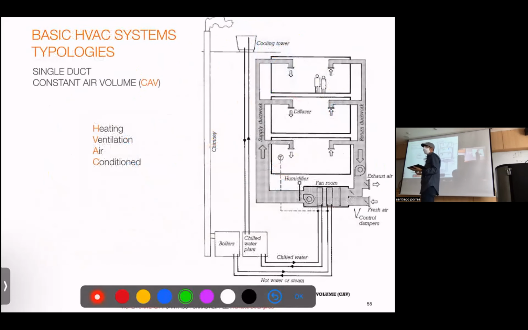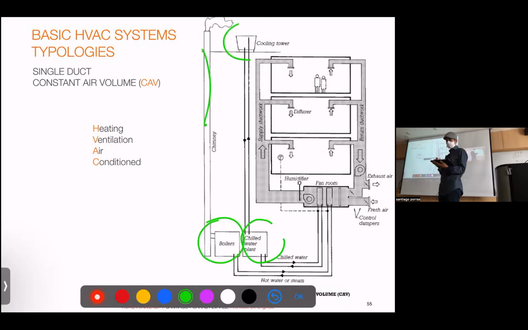Then there are many ways to do it. I just collected the most basic diagrams, and these are very rough diagrams. When you make your assignment, don't copy this. Adapt this to your building, okay? So we have the chiller, the boiler, the chimney for the boiler, the cooling station, and then the air handling unit with the ventilator and exchange element, right?